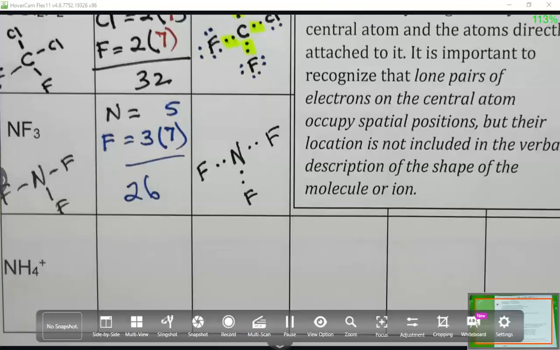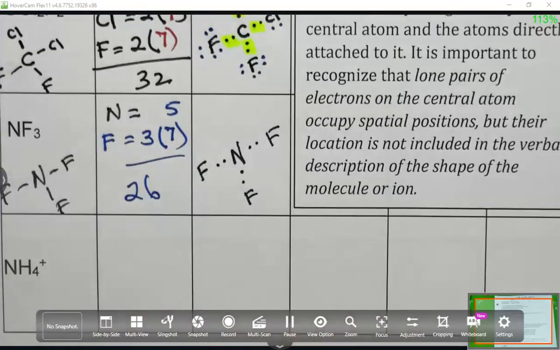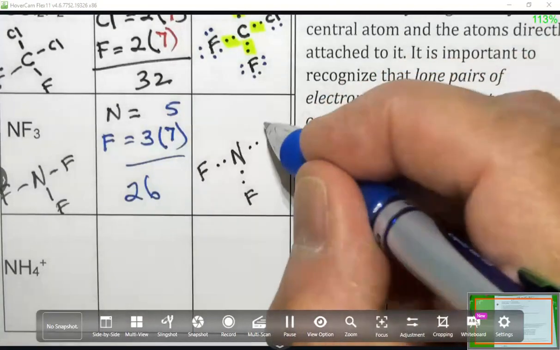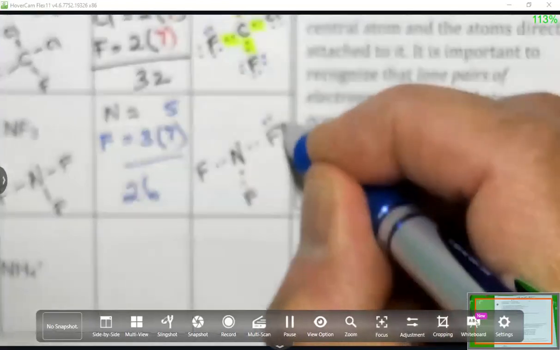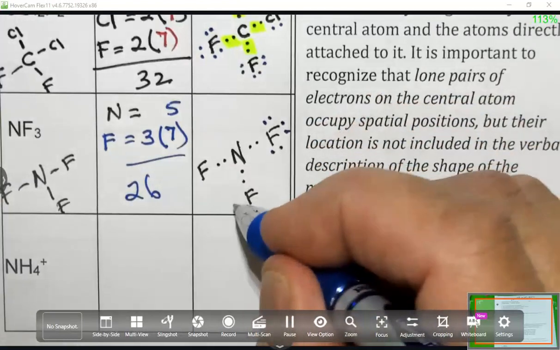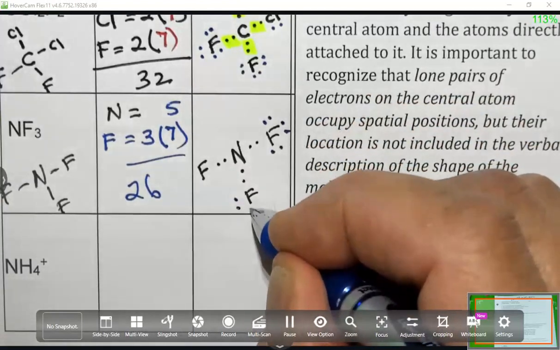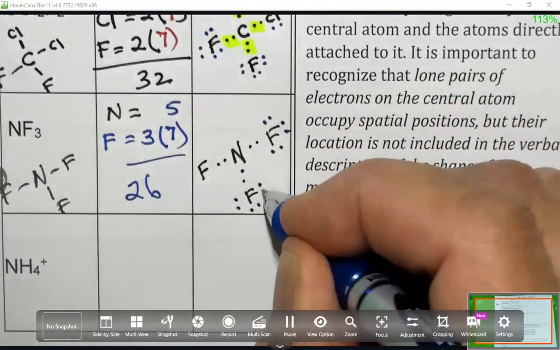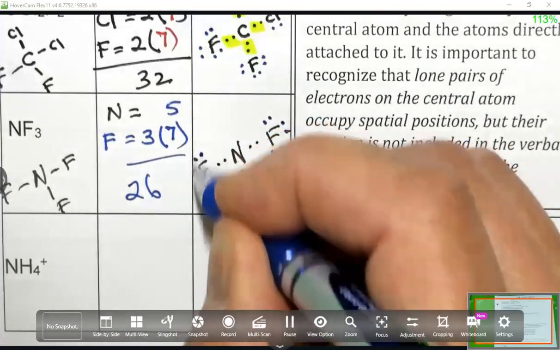Step 4. Make the terminal atoms happy so they can go to Water Street. How do you make them happy so they want to go to Water Street? You have to complete their octets. So step 4 is to complete the octets on the terminal atoms.